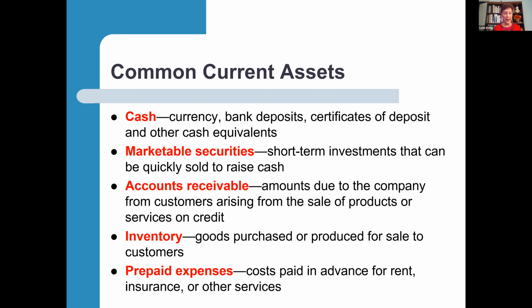Now, prepaid expenses. This one is so misunderstood by people that are trying to understand financial statements. There are actually two reasons why, and it's all about words. Here's this language thing again. The word expense. I told you 20 minutes ago that on an income statement, you see revenues and expenses.